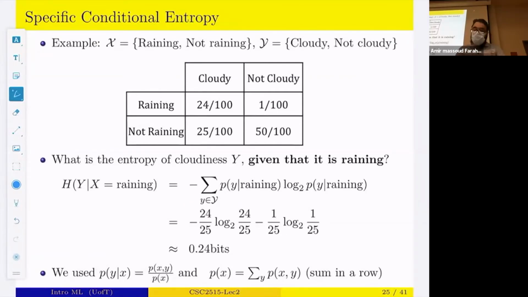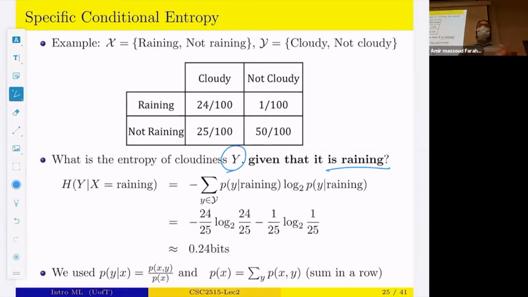Now we can talk about conditional entropy too, which says how much uncertainty we would have if we know the value of one of the random variables. First, I talk about the case where we want to compute the entropy of Y, the cloudiness, given that we know it is raining already. So I specified X, there is no randomness in X. It is raining.